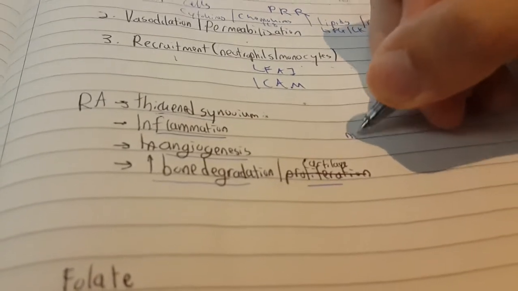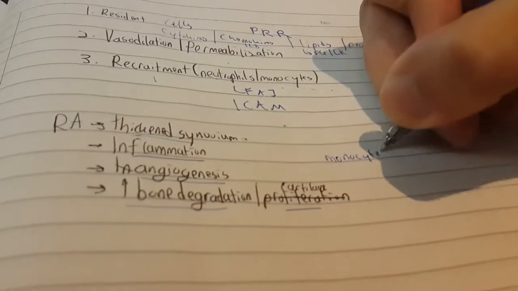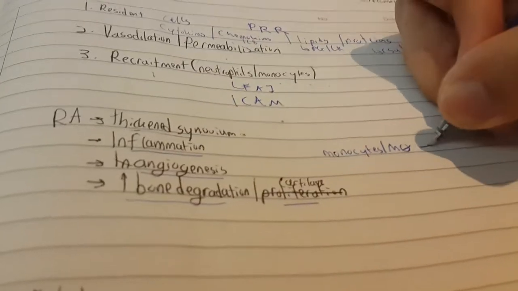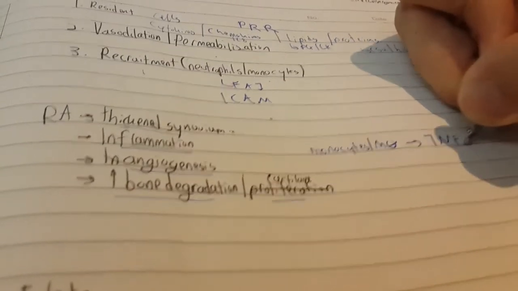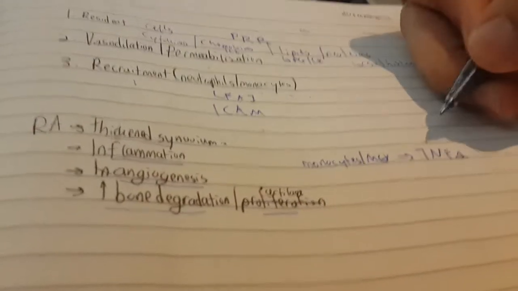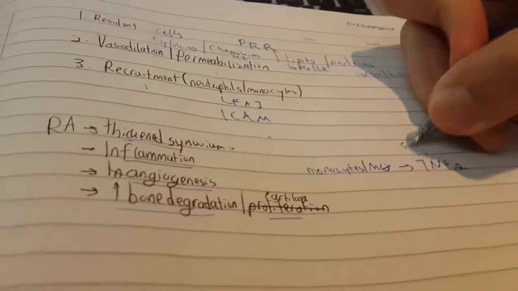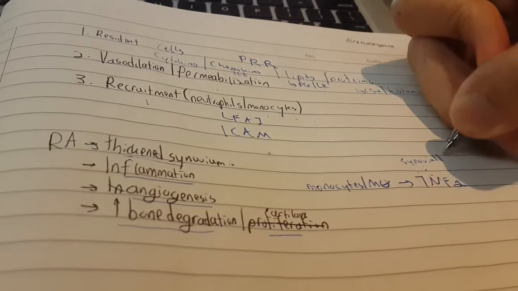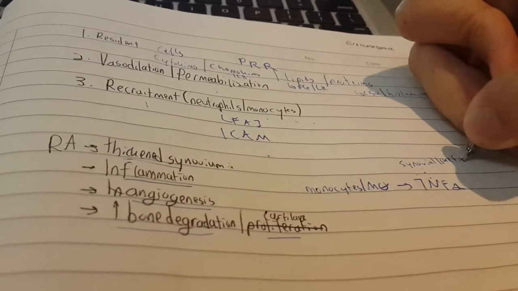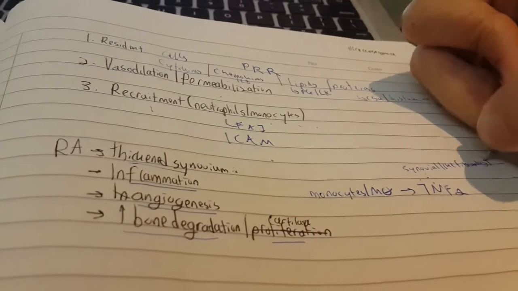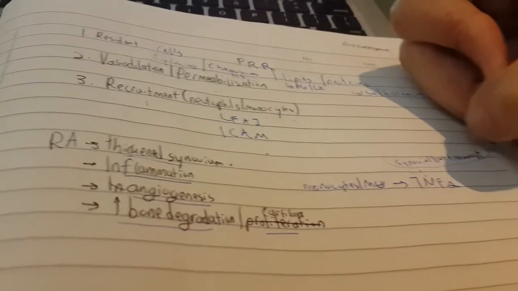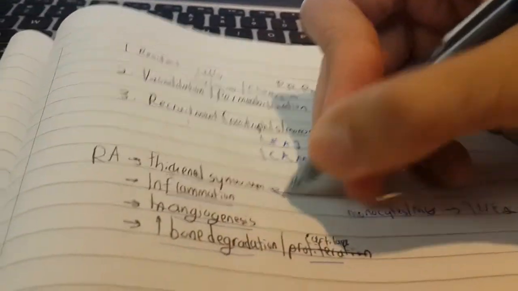So how do we get thickened synovium? Well, monocytes or macrophages are going to release tumor necrosis factor alpha. Tumor necrosis factor alpha is going to lead to an increase of synovial-like fibroblasts. Synovial-like fibroblasts lead to thickened synovium.